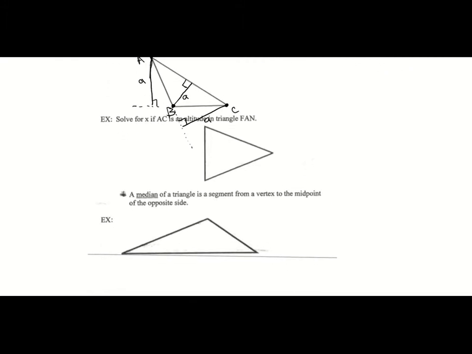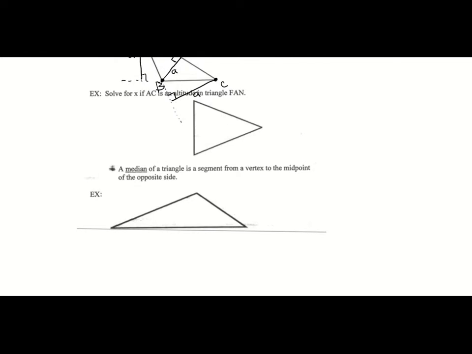Okay, and it overlapped a little bit with this next example, but we can still read it. It says, solve for x if AC is an altitude in the triangle FAN. So let's label our parts.